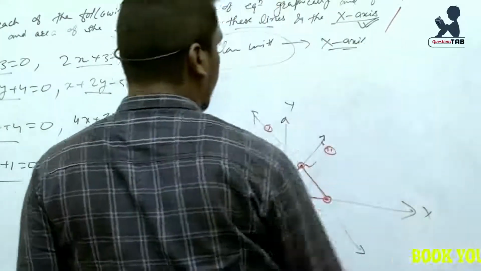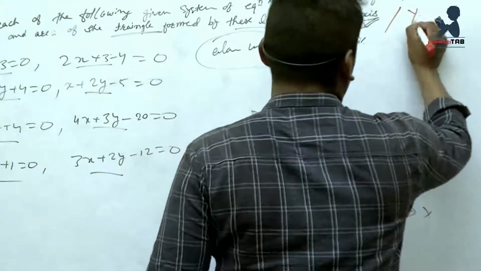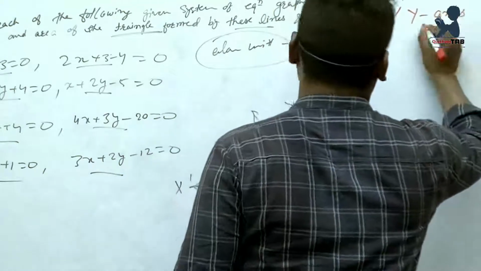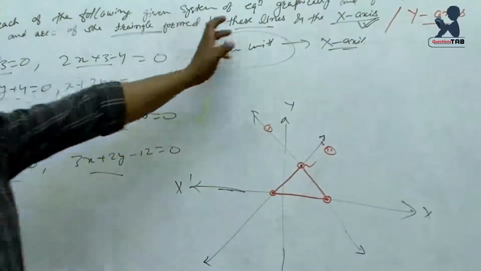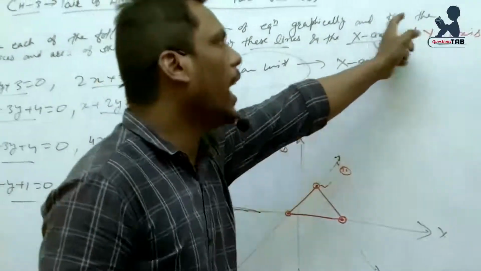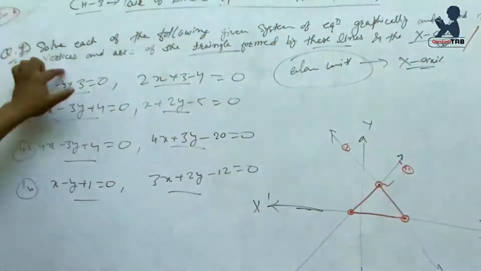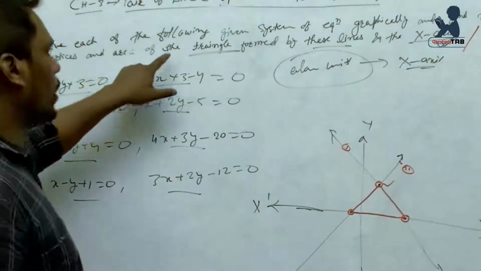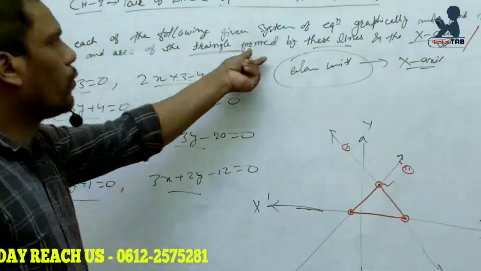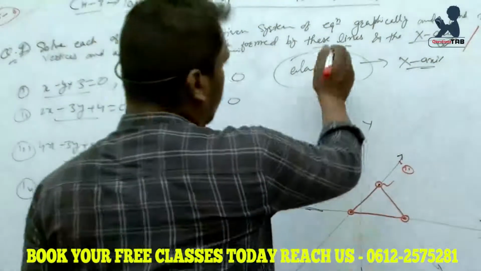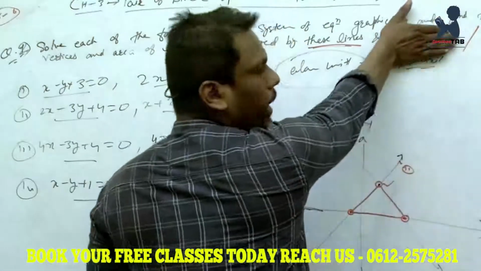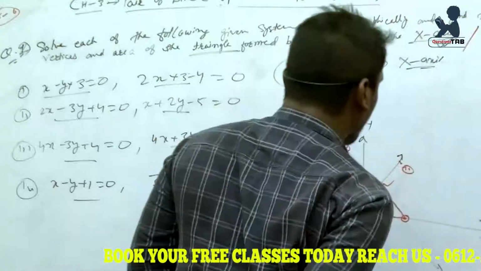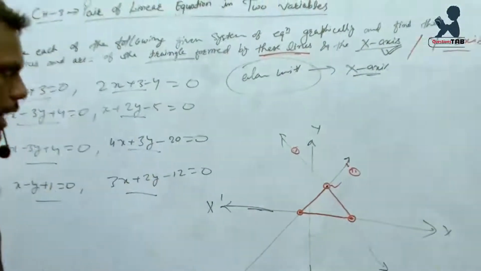This question can also be asked like this: apart from the x-axis, they give us the y-axis, that is, solve each of the following given systems of equations graphically and find the vertices and the area of the triangle formed by these lines and the y-axis. So this question can also be asked like this.